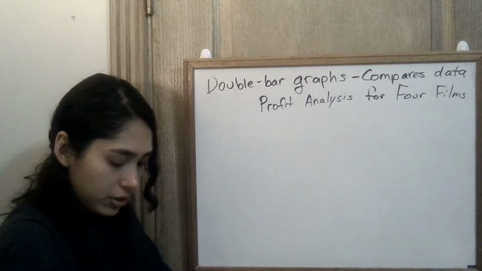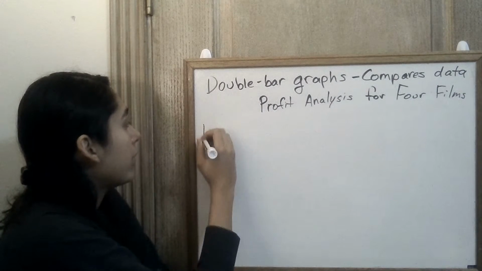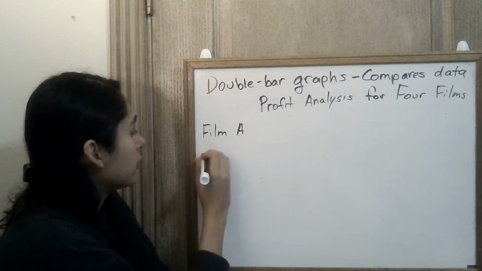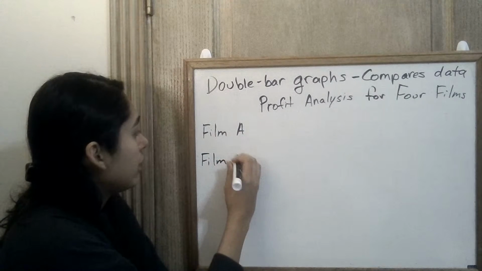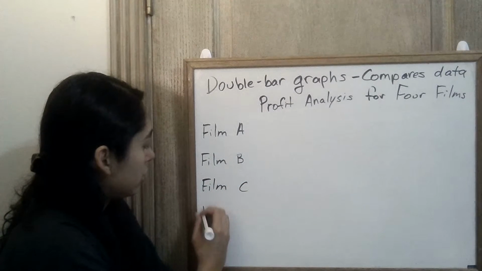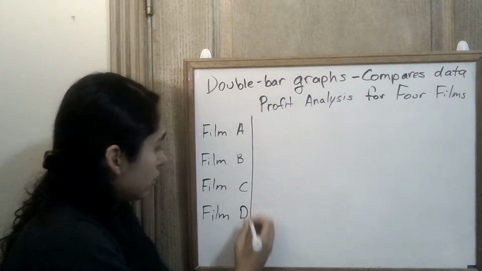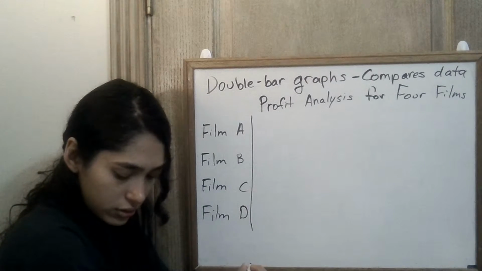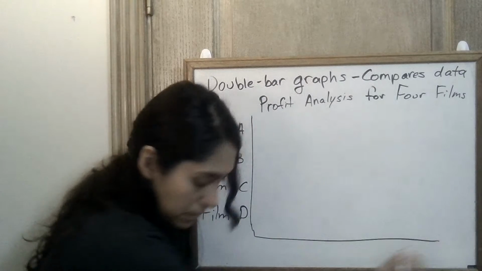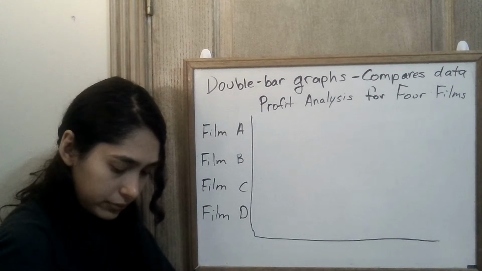So let's say I'm talking about film A. We have 4 films. Film B, film C, and film D. So I'm going to use different colors here.